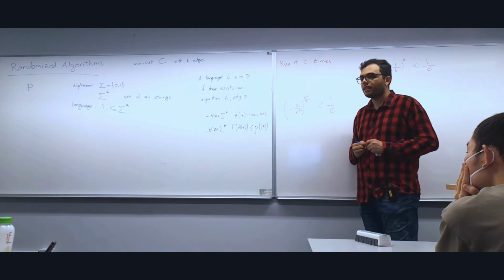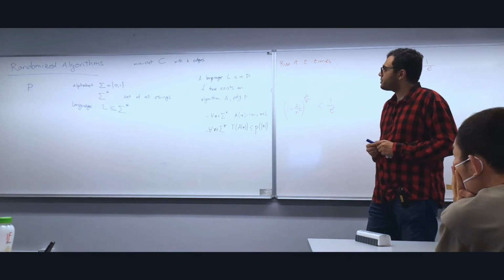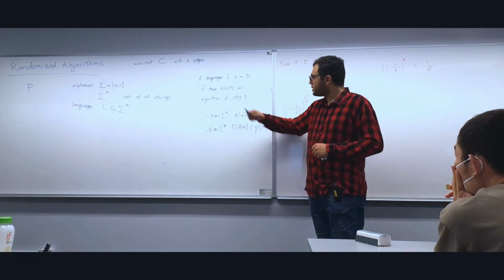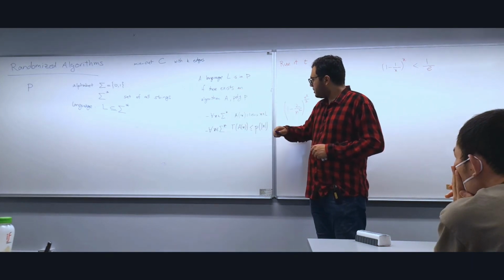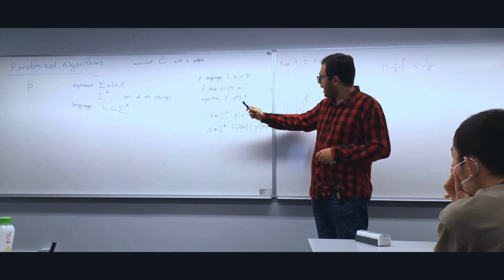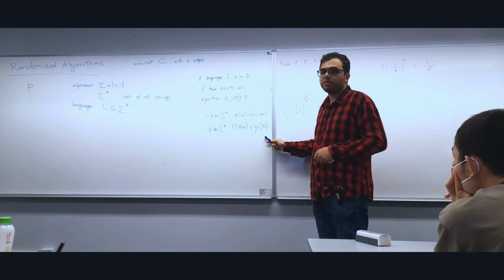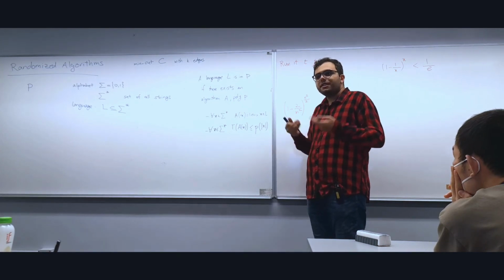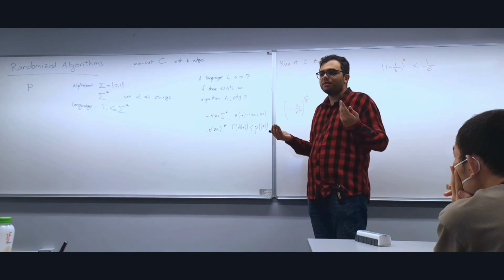So officially, this is what the set P is: the set of all languages that have an algorithm that decides the language and also runs in polynomial time. In simpler words, it's the set of all problems that can be solved in polynomial time.